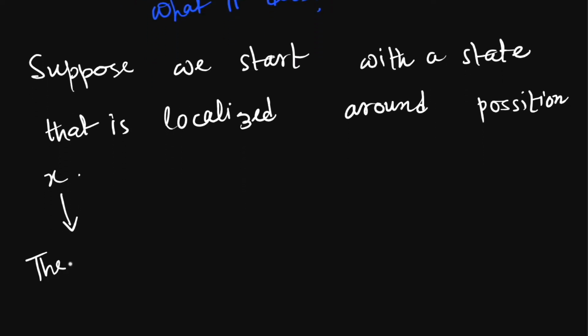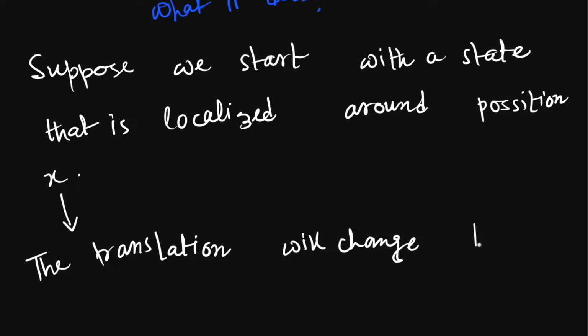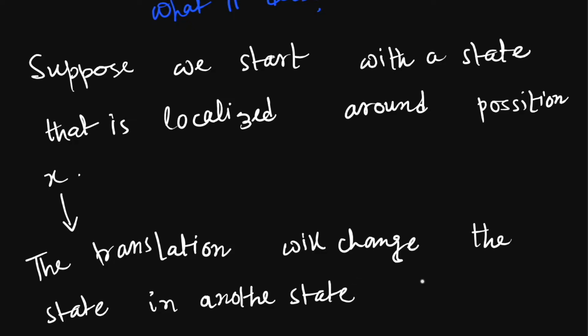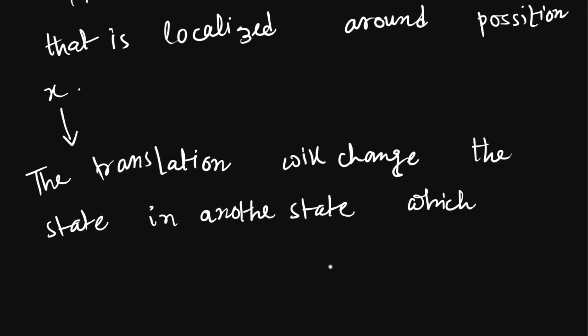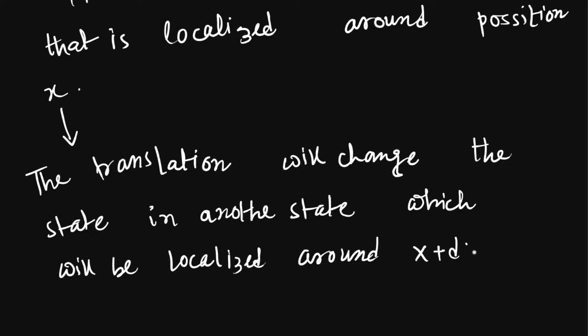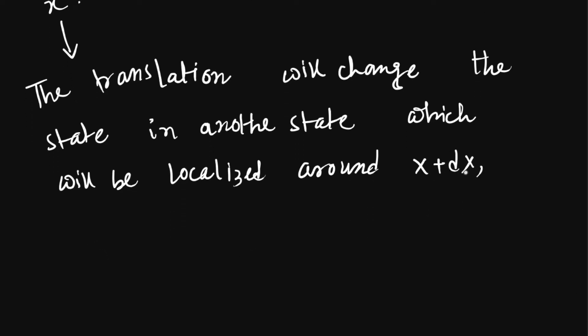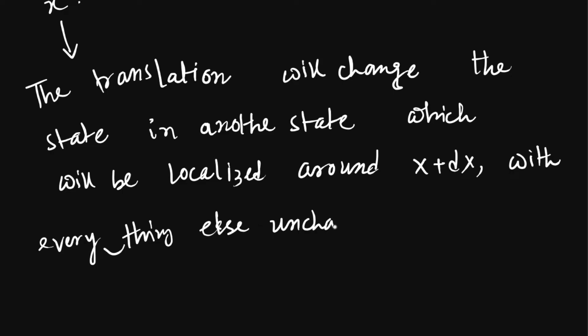Then the translation will change the state into another state, which will be localized around a position x plus dx, with everything else unchanged.